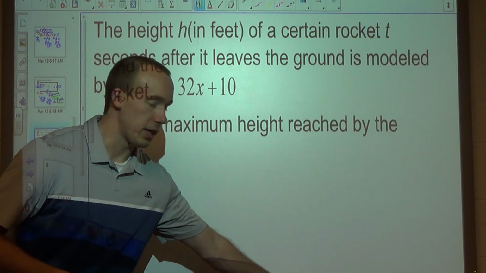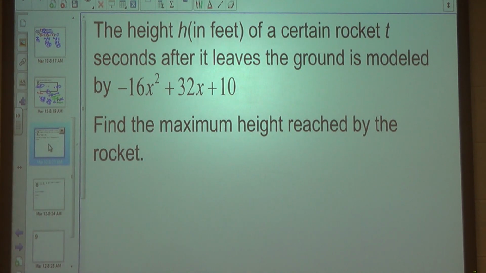Alright, this is the next question. The height of h in feet, I used x instead of h, didn't I? Oopsies. Alright, I'll fix my problem here. You can read it though while we're doing it.